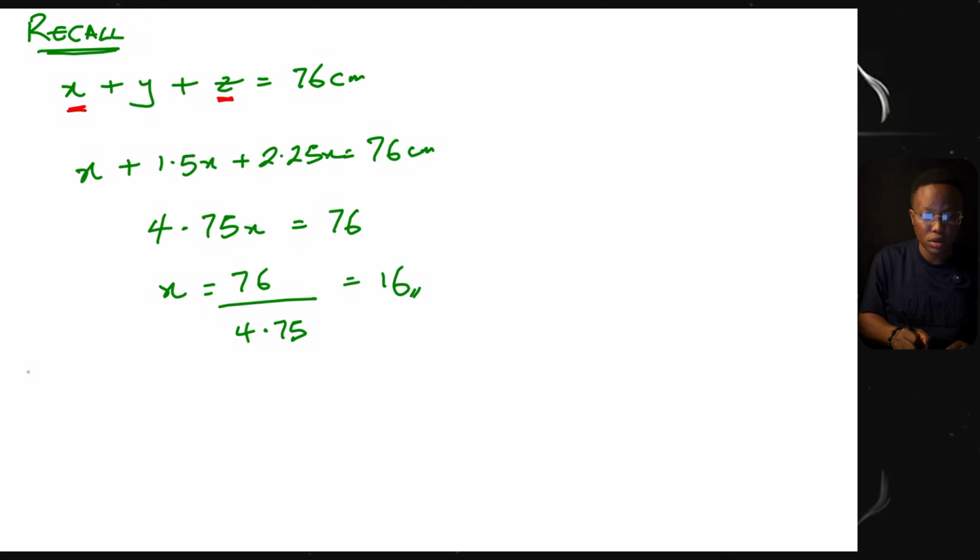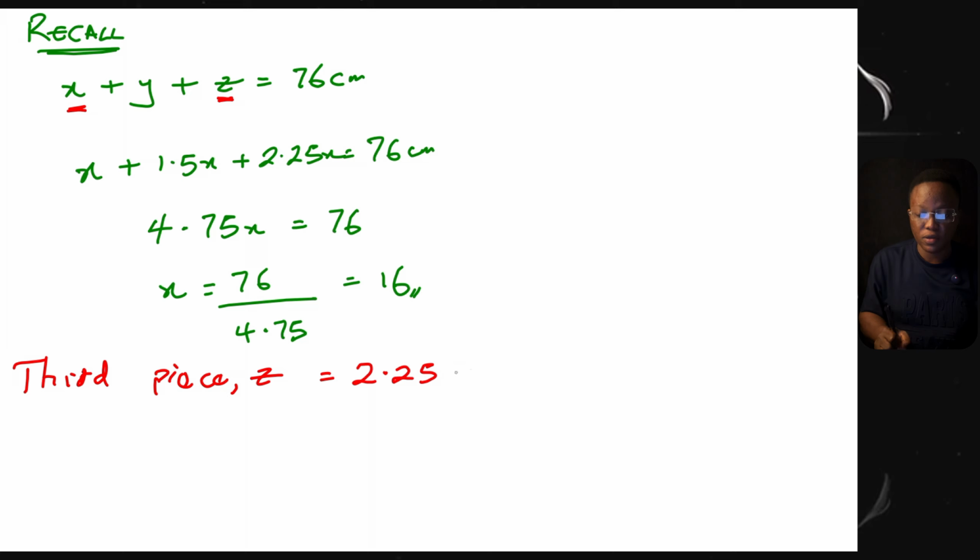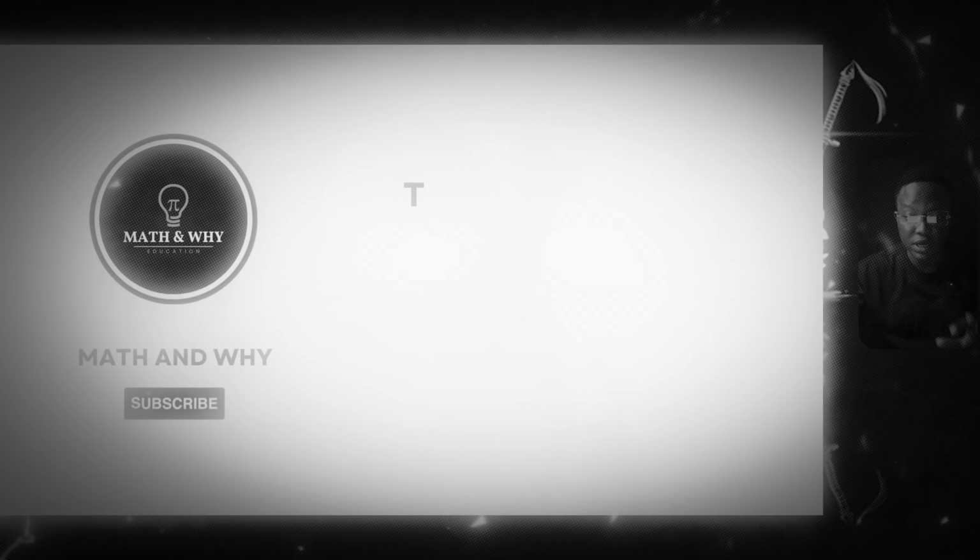So we're saying the third piece, which is Z, is equal to 2.25 multiplied by X. That's basically 2 times X, plus 0.25 times X. So that's 36 centimeters.